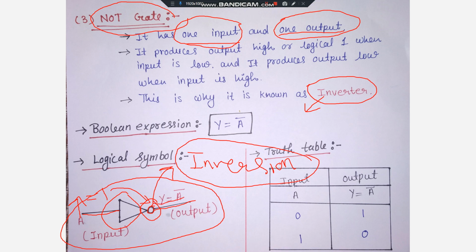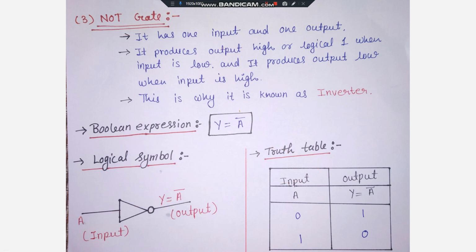Now it becomes 0. Okay, so if we give input 1, because of this inversion we will get output low, and if the input is low, then we will get output high. Okay, this is the reason we say NOT gate is an inverter.